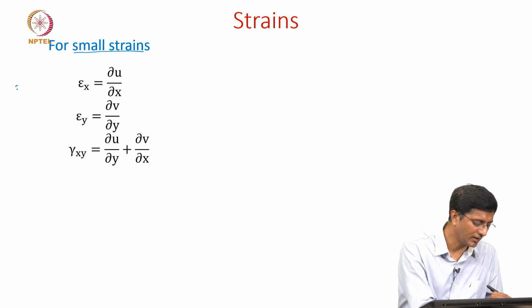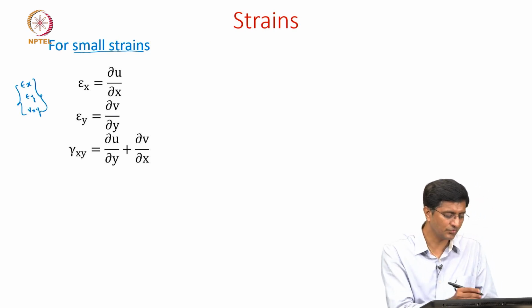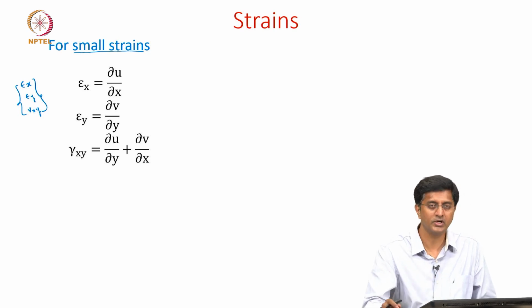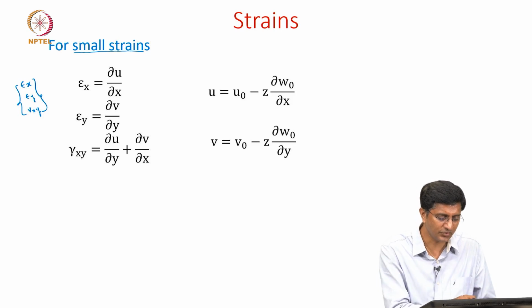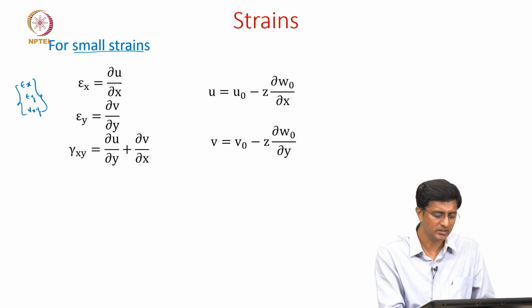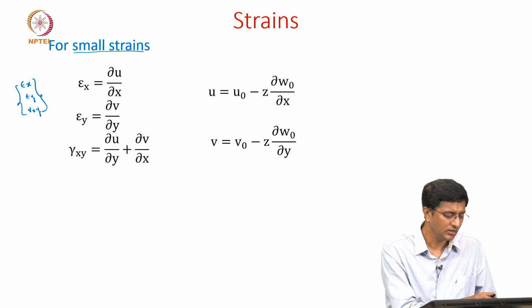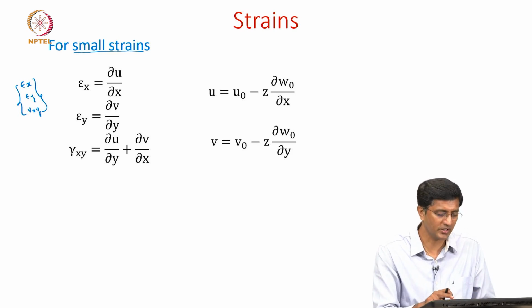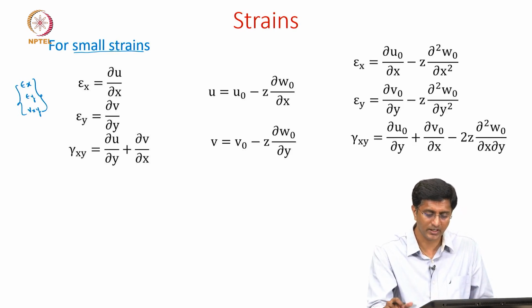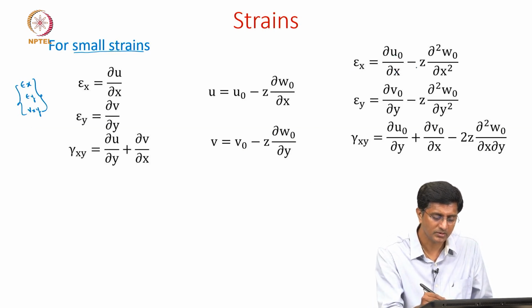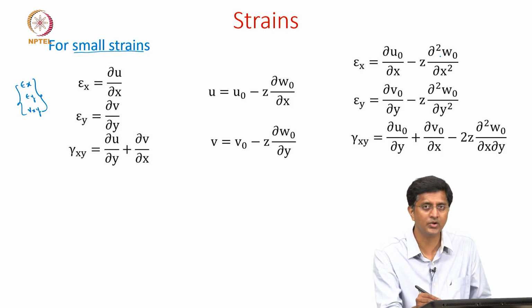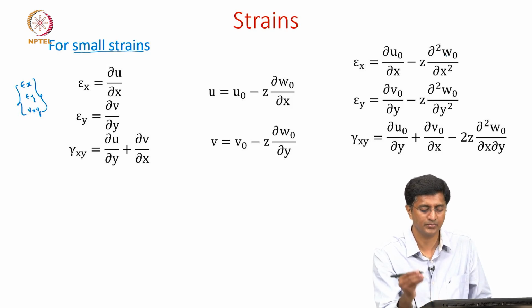So we are able to write this strain vector epsilon x, epsilon y, gamma xy in terms of the differentiation of these deformations u and v, which are the deformations we just showed in the previous slide. Once I plug these into the strain displacement expressions, I can write epsilon x as dou u naught by dou x minus z times the second derivative of the deformation w.